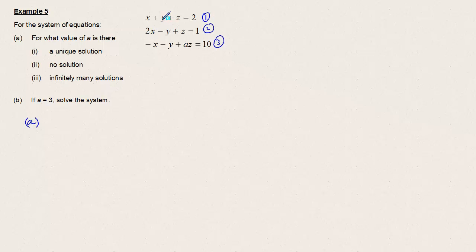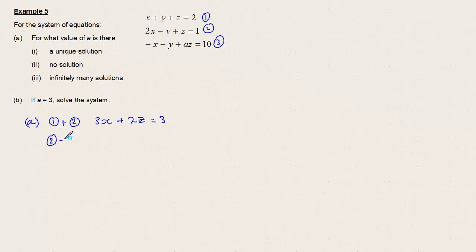So I can get rid of the y's here by adding equations 1 and 2. That gives me 3x plus 2z is equal to 3. I can get rid of y's here by subtracting.